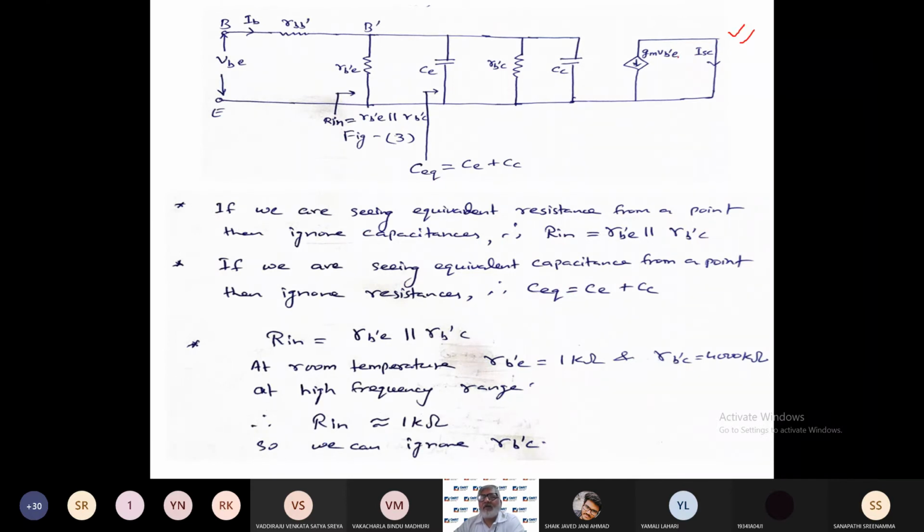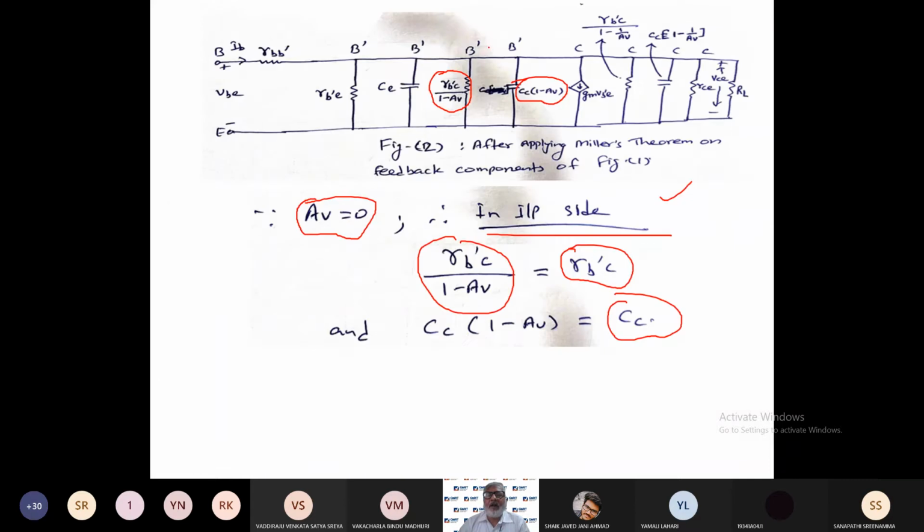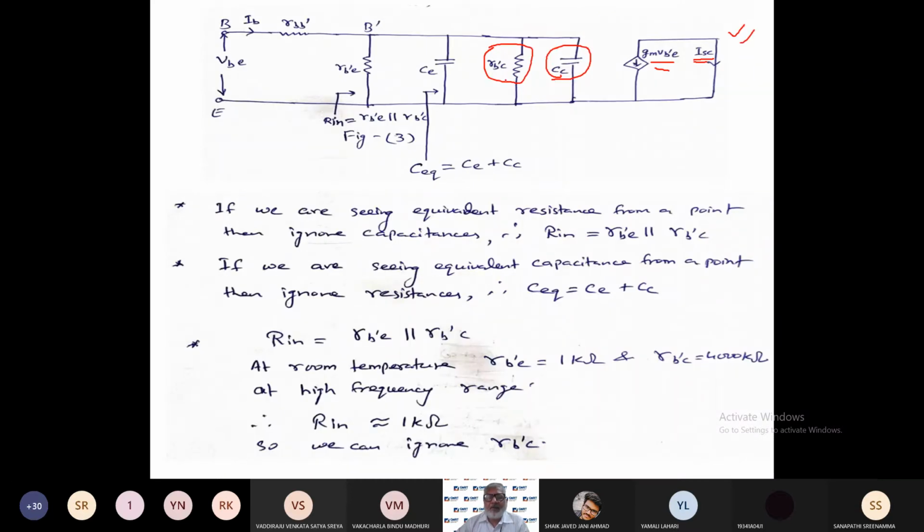At the output side, there is this current source and one short circuit current is there, due to the short circuit which we made. And at the input side, you can see this CC, this RB'C, because the AV component is 0. So due to that, this will become RB'C, this will become CC. So those things you are seeing here, right? And this capacitor is already there, this RB'E is already there, and RBB' is there, right?